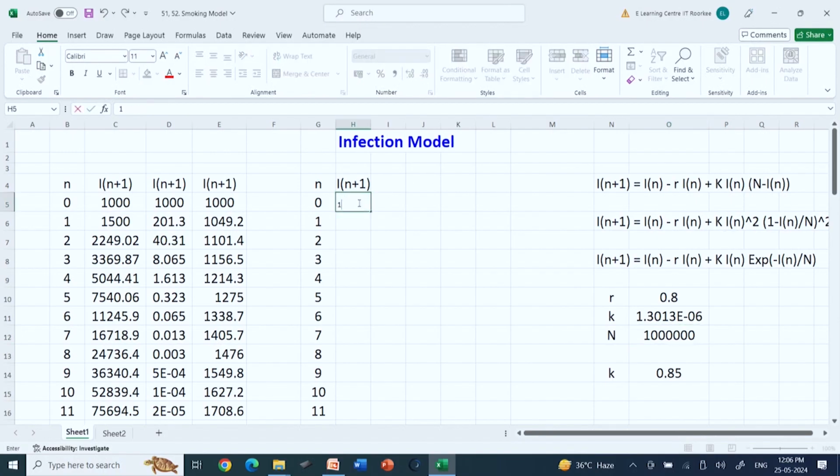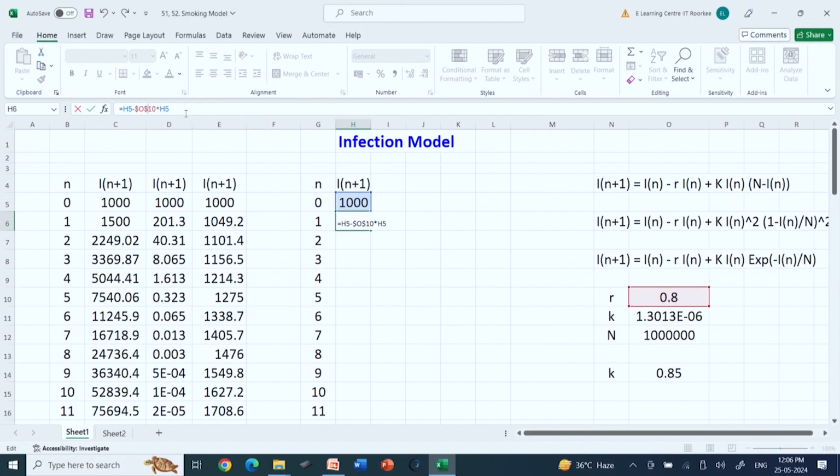So, this was 1000, this is equal to I n minus r times again I n. So, r is a constant, I put a dollar sign.